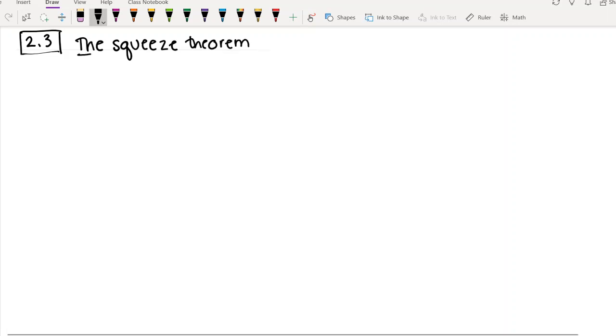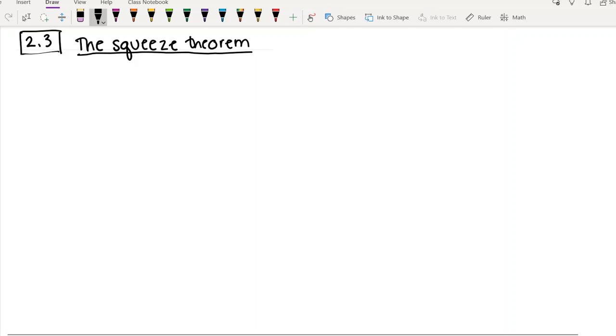It doesn't come up as much, but it brings up this idea of comparing functions to each other. And that same idea is going to come up in Calculus 2 and also in Calculus 3. So I think it's a good warm up for being able to compare functions and apply a theorem to draw conclusions from that comparison.